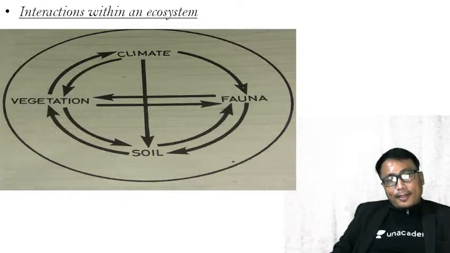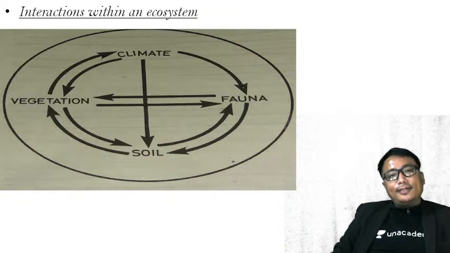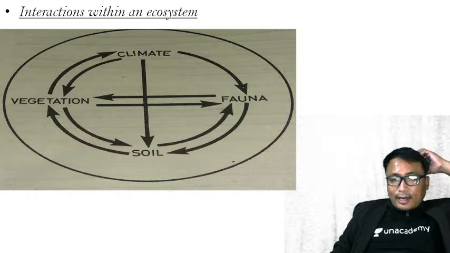You see here, I have climate, fauna, that is the animal world, the soil, these are the surroundings or the environment. I have the vegetation, the plant community, and this is how they interact. Now there are only two lines which are absent here.